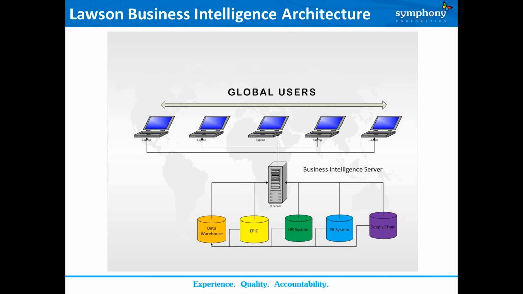People need not log into Epic to look at the different reports. People need not log into Lawson to look at the Lawson reports. Lawson Business Intelligence is supposed to bring every single report from different applications together into one place so that it'll be easy for the users to look at, analyze, and get their day started. That's what Lawson Business Intelligence does, and that's what Symphony offers you.